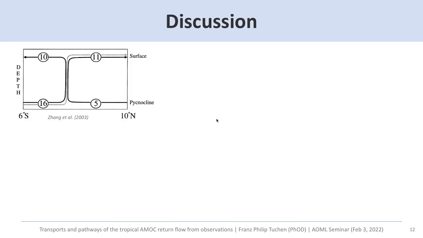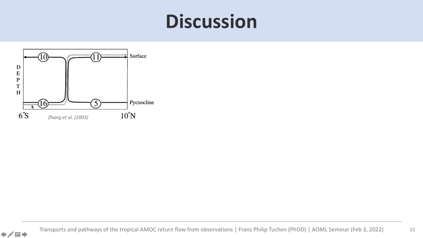Okay, to put this a bit more into context, again, looking at the Zhang et al. study in 2003, it's a similar schematic showing you both subtropical cells in the black lines and the superimposed THC upwelling in the gray line.